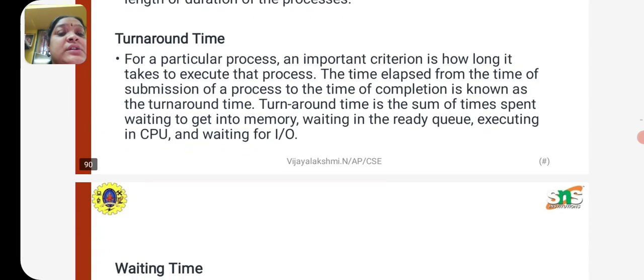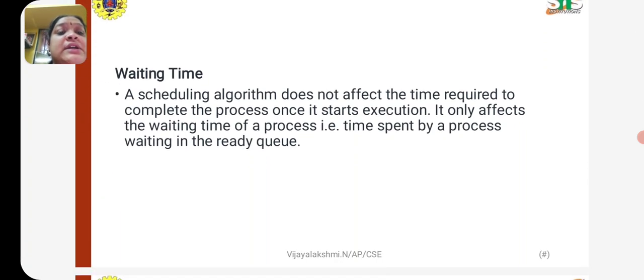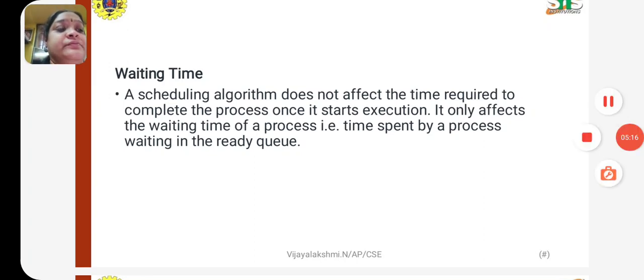Next is waiting time. The scheduling algorithm does not affect the time required to complete the process once it starts execution. It only affects the waiting time of a process, that is, the time spent by a process waiting in the ready queue.